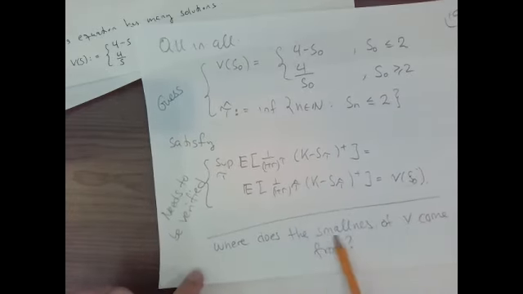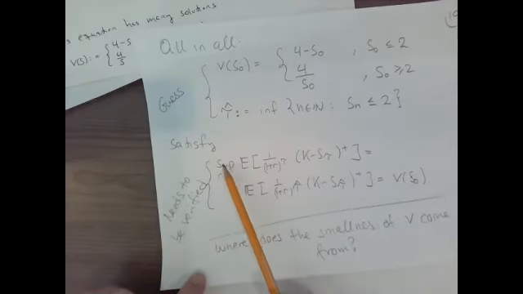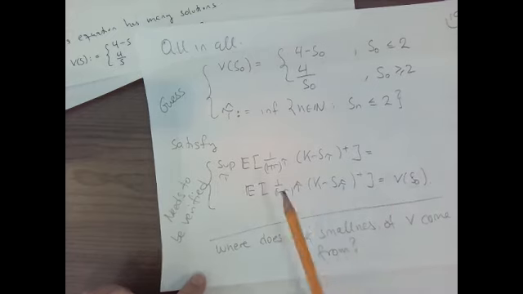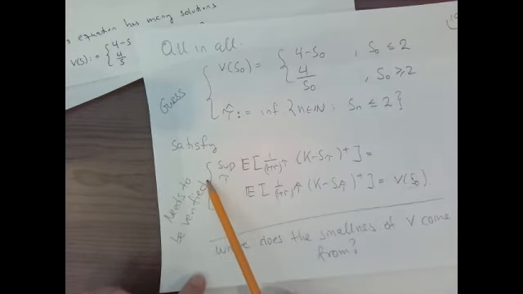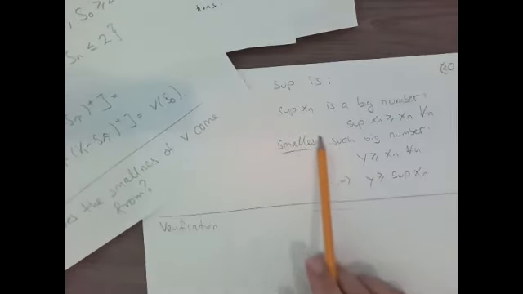Okay, so we're trying to figure out where the smallness comes from. Well, it comes because there's a supremum here, and this supremum is defined in terms of a smallness condition. So ultimately, it comes from the definition of a supremum, but this is a far cry, right? There's no mention over here on this side of the page of anything that has to do with tau and so on.